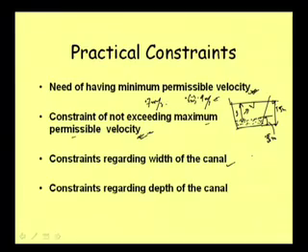Well, but still that sort of constraint may be coming: width of the canal, land availability and all these things. And sometimes there is a constraint against depth of canal. Well, that is also another constraint. Suppose after calculating the best hydraulic section, we have found that the width is 2 meter, depth is 1.5 meter, fine.